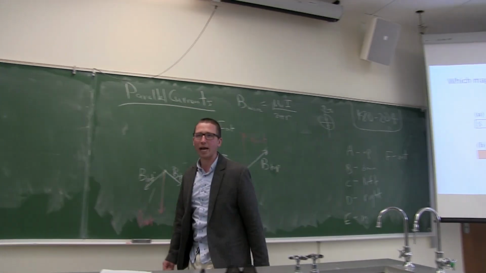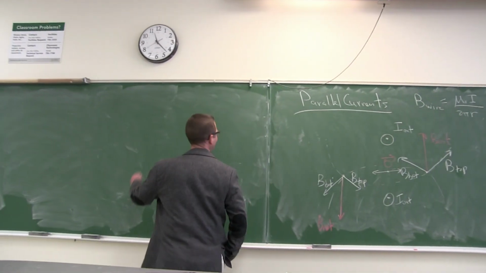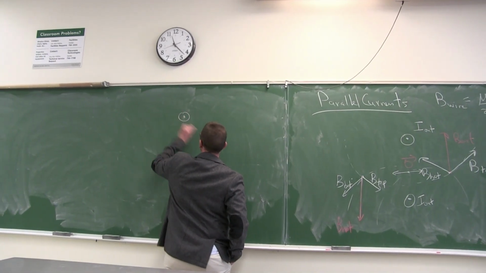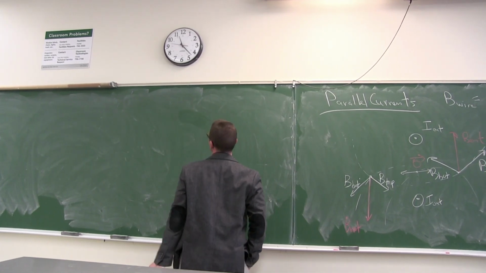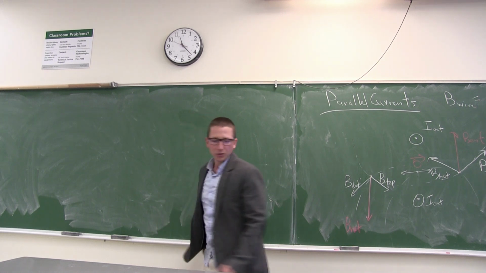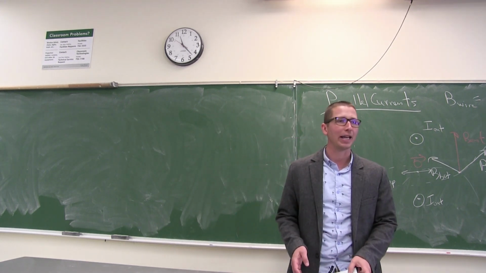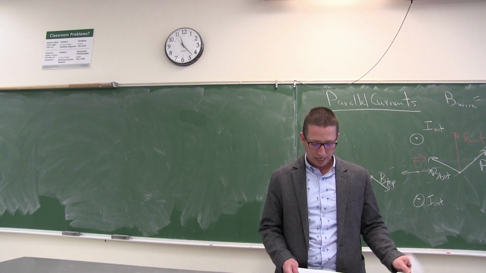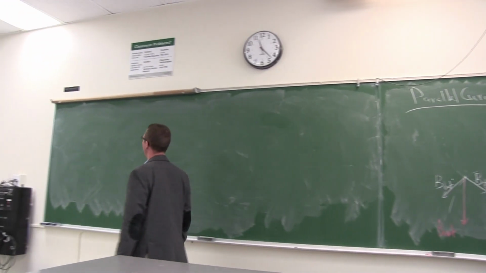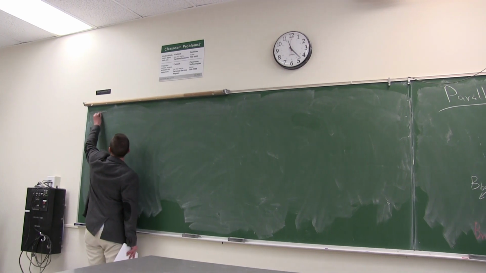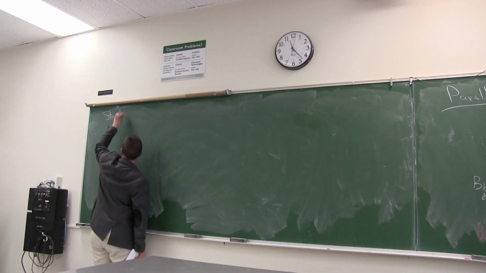All right, so same question now, but let's change things up a little bit. Last day, remember, we looked at a loop of current, and a loop of current produces a magnetic field. So let's say now that I stack some loops.